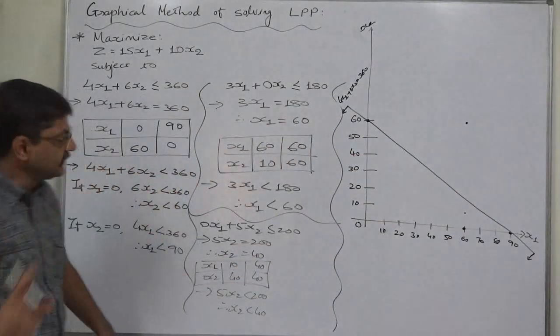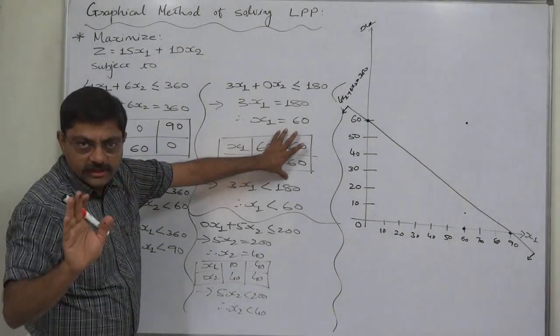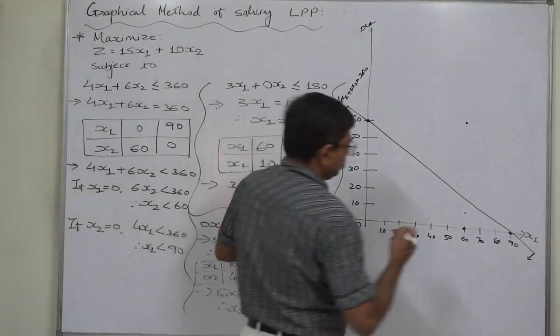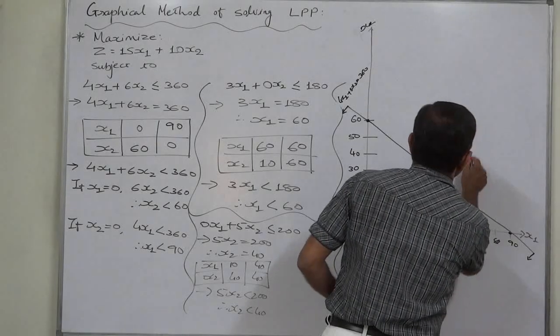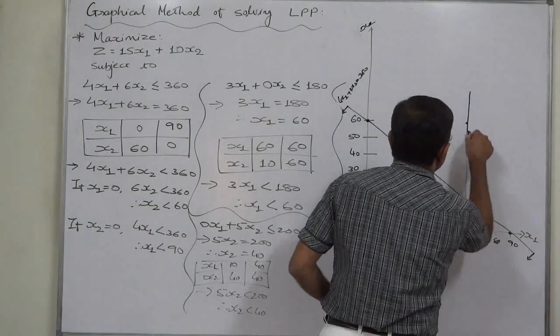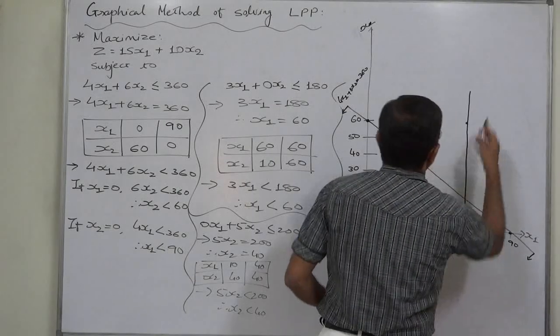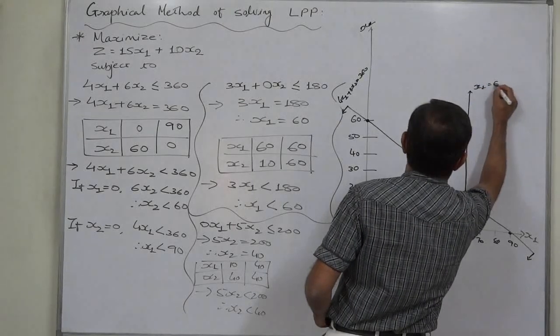If you understand this, you need not prepare this kind of box and assume values of another variable. Approximately it will be of this kind. This is the line of x1 equals 60.